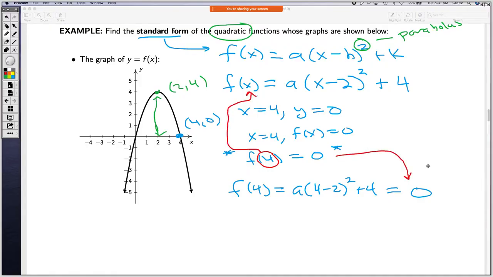Does everyone see what's happening there? And now notice the only variable in this equation is a. The subtraction happens first. 4 minus 2 is 2. 2 squared is 4. So I get 4a plus 4 is 0. Subtracting the 4 over, I get 4a is negative 4. Dividing by that, we get a is negative 1.